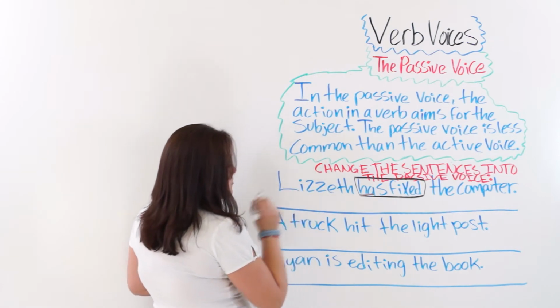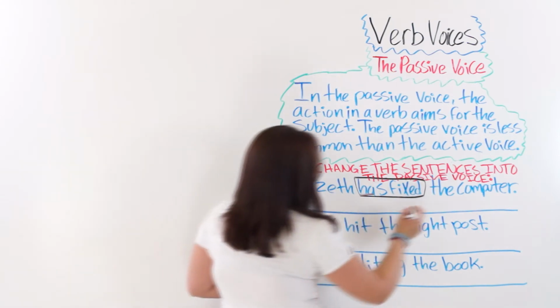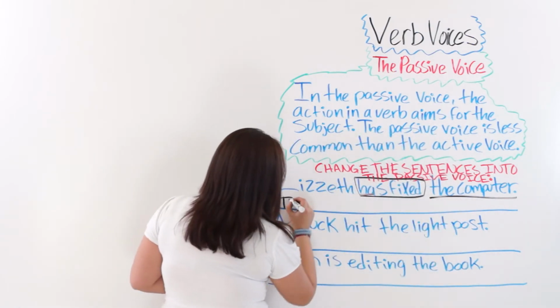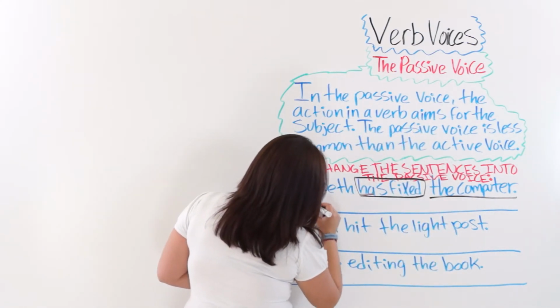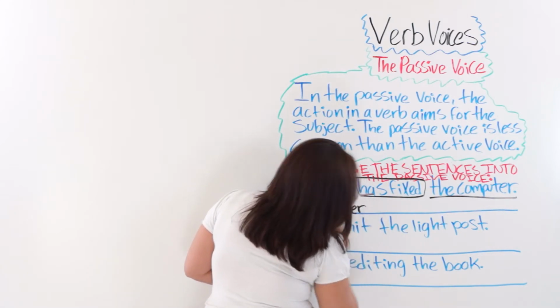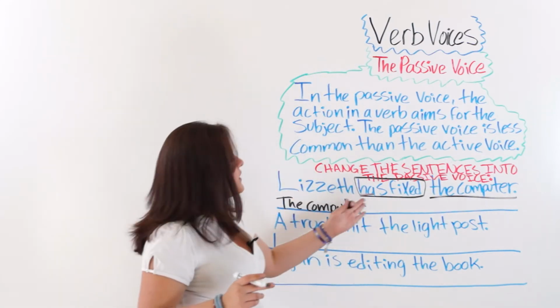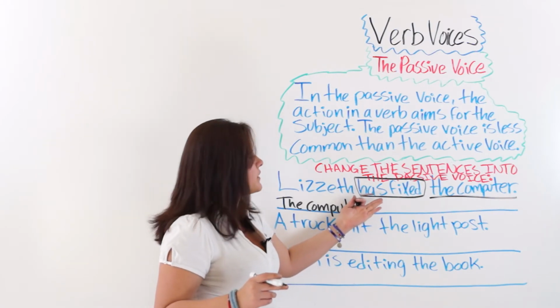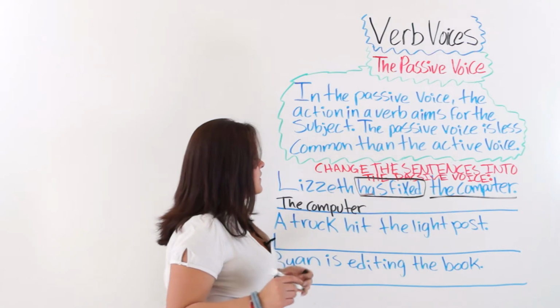Okay, we want to change it into the passive voice. We are going to take this first, the computer, okay, and now we see here very clearly that this is the present perfect, has fixed.